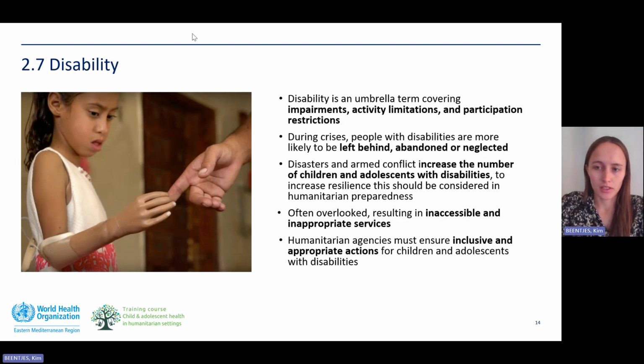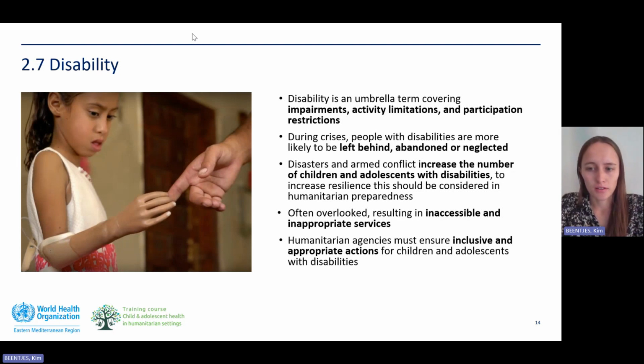Disasters and armed conflict increase the number of children and adolescents with disabilities, and to increase resilience, this should be considered when preparing for humanitarian emergencies. People with disabilities are often overlooked, which then can result in inaccessible and inappropriate services.